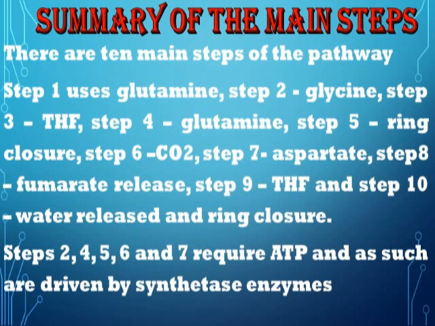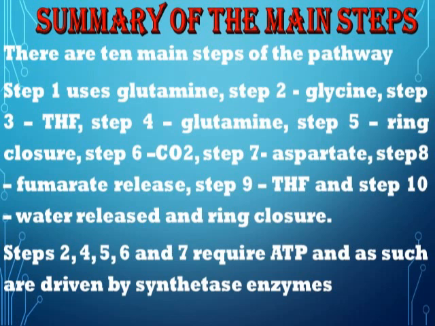Now, there are 10 main steps of the pathway, that is purine nucleotide de novo synthesis. Step 1 uses glutamine. Step 2 uses glycine. Step 3 uses tetrahydrofolate. Step 4 uses glutamine also. Step 5 involves ring closure, that is where the ring closes.